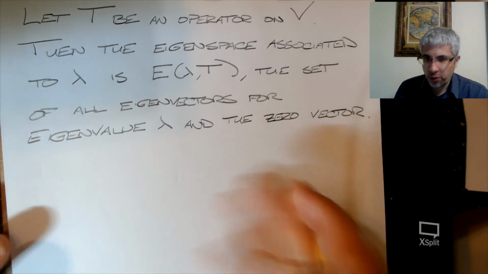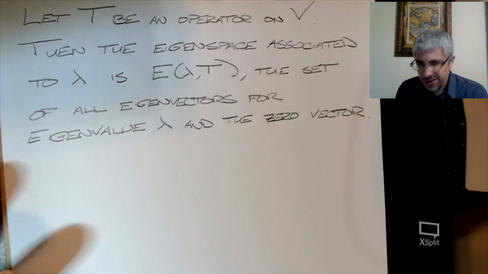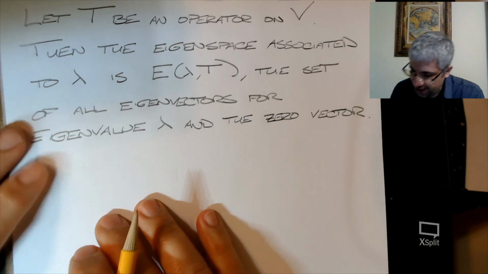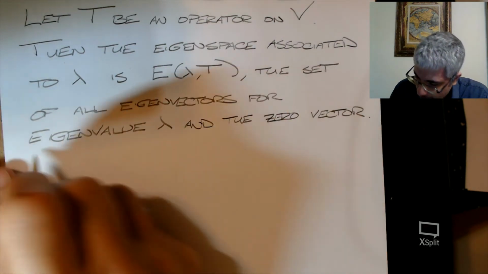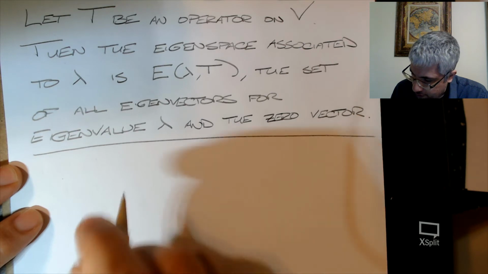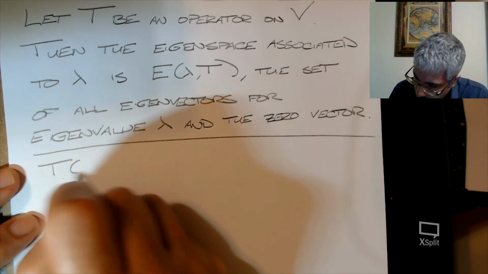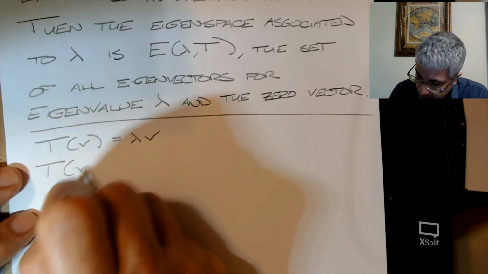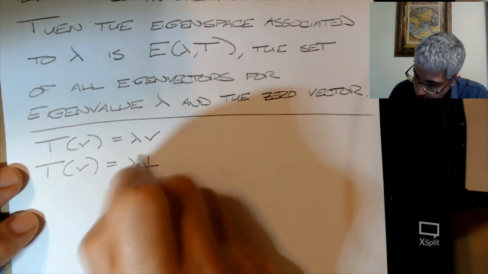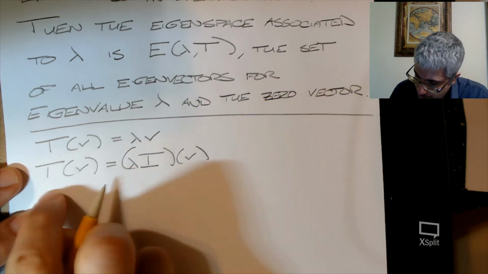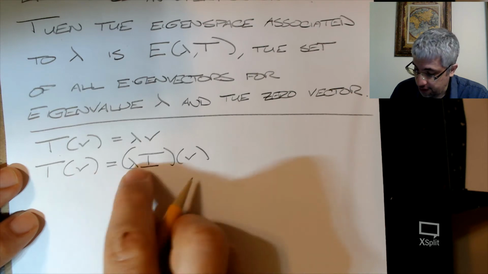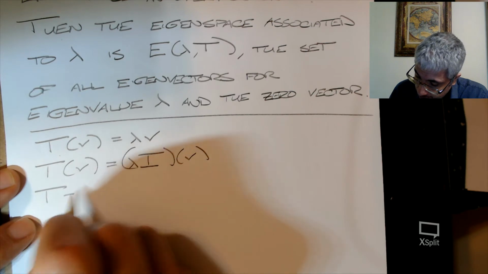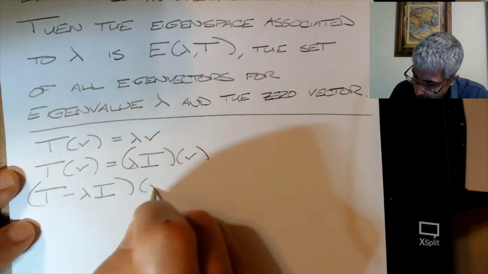Now you might say that's a little wordy. This sounds a little iffy, like we're trying to make a fix, like we're putting some spackle over some hole in our definition to force this to be a space. But let's think about this for a moment. What does it mean to be an eigenvector again? Well, you have T of V equals lambda V, right? That was our definition. This operator sends V to where this sends V. I can move this over to the left, and I can even combine the transformations.